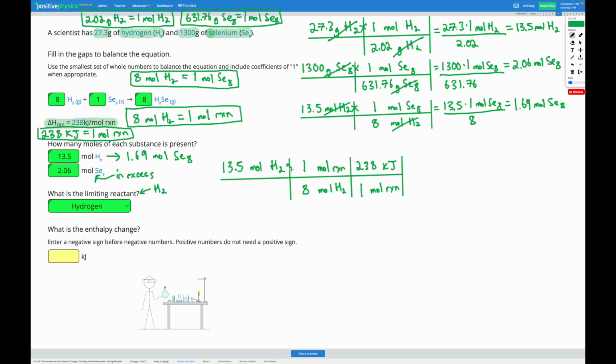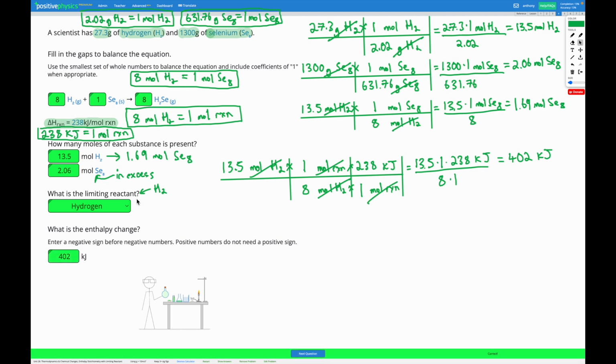We're going to multiply everything on the top, multiply everything on the bottom, divide top by bottom. Moles of H2 are going to cancel, moles of reaction are going to cancel, and we're left with 13.5 times 1 times 238 kilojoules divided by 8 times 1. If we put that into our calculator, we're going to get an answer of 402 kilojoules. So we can fill that in over here.